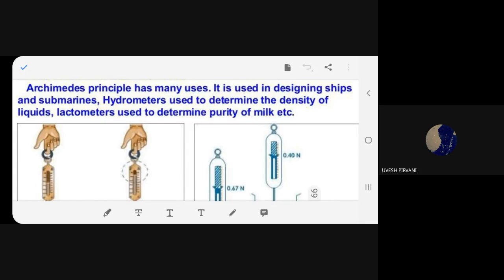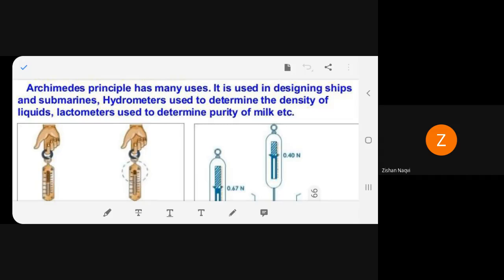Now, do you know what are ships and submarines? Do you know what are submarines, beta? Which one goes underwater, submarine or ship? Ship floats on water and submarine goes deep in water, right?